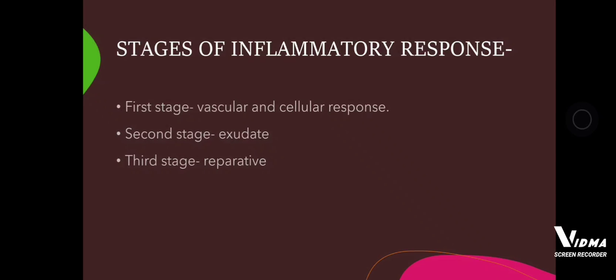There are two types: acute inflammation and chronic inflammation. Acute is for a short duration, a few days to a week, and chronic lasts long, from weeks to years. On that we have seen there are 5 signs.